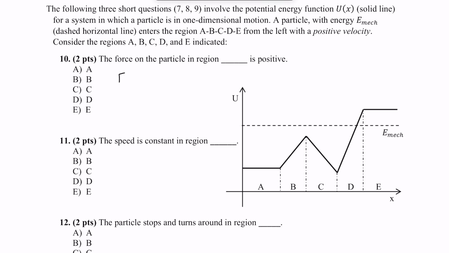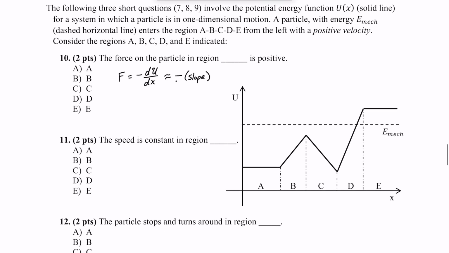Force is related to potential energy by a negative derivative, and graphically, this can be represented as the negative slope. So to answer question 10, we're going to look for a region on our U-curve where the slope is going to be negative so that when we take the negative of a negative, we'll get a positive.